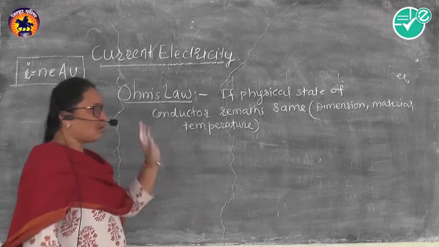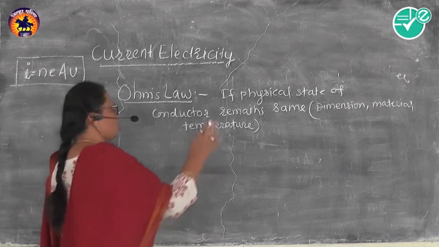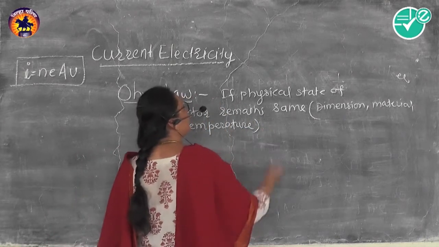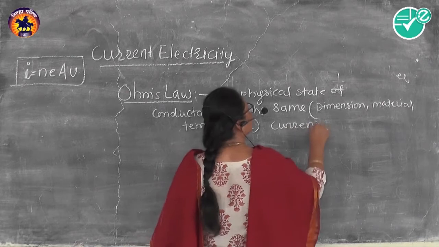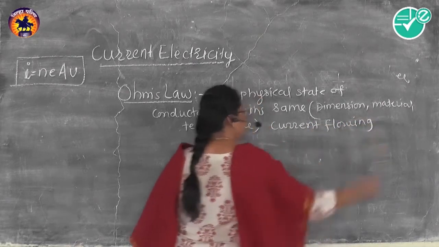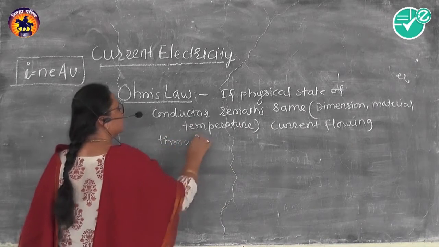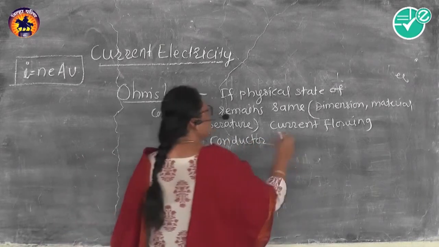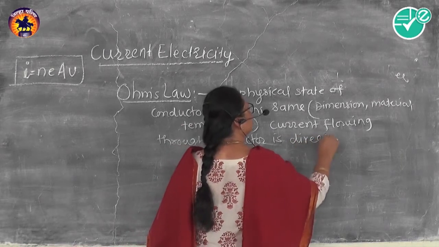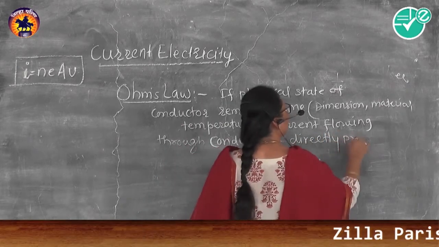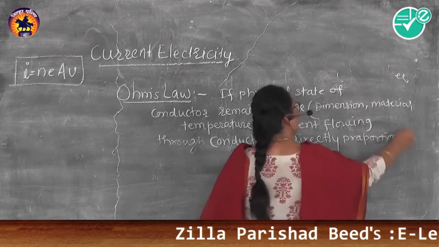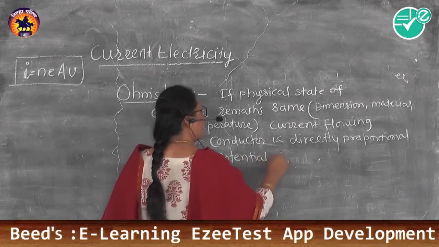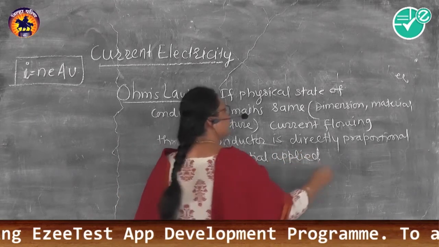If these things remain constant, only in that situation you may state that the current flowing through the conductor is directly proportional to the potential applied across it.